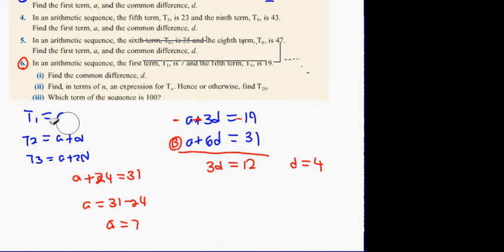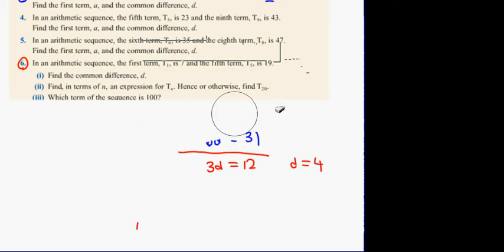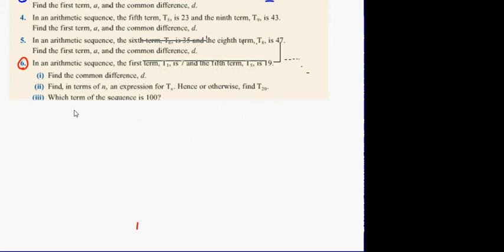Okay, so in question 6, in an arithmetic sequence, the first term T1 is 7 and the fifth term T5 is 19. Find the common difference D. So T1 is simply A equals 7.